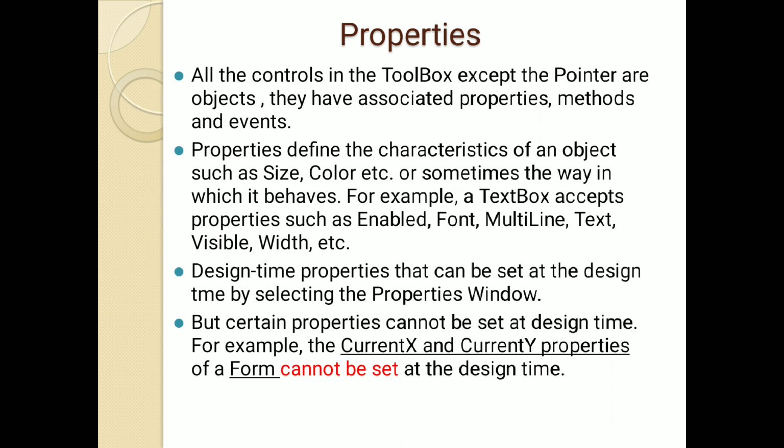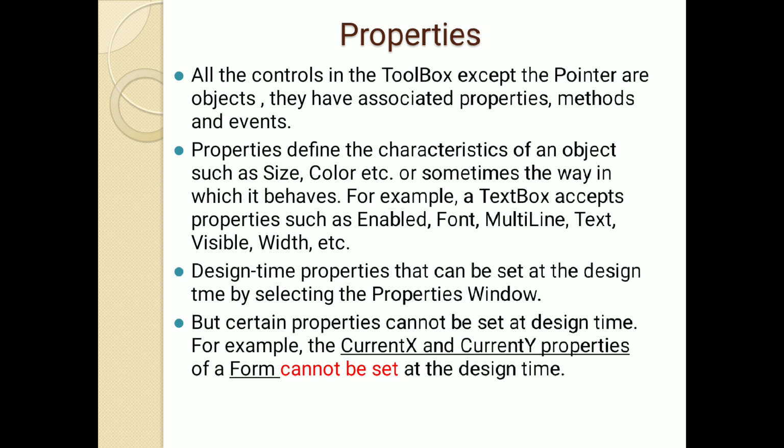Properties: all the controls in the toolbox except the pointer are objects. So in the toolbox there are a variety of objects available. Each one of the objects has its own properties, methods and events.